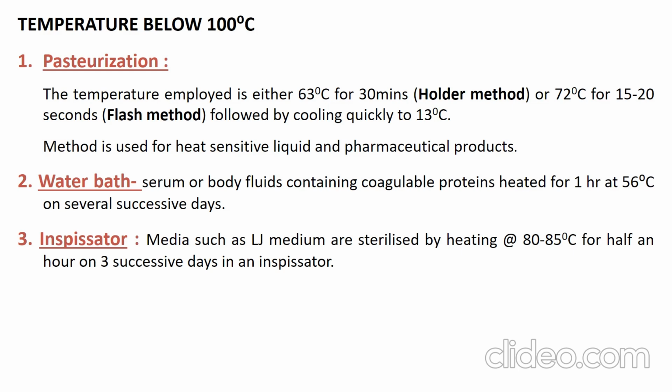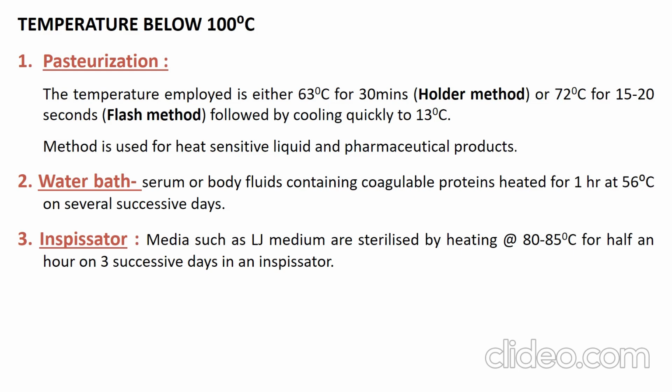For example, Lowenstein-Jensen medium, the special isolation medium for Mycobacterium tuberculosis, is sterilized by inspissation. Next is the temperature at 100 degrees Celsius. At home also we use boiling. Steam at atmospheric pressure and Tyndallization, the intermittent sterilization, all come under temperature at 100 degrees Celsius.